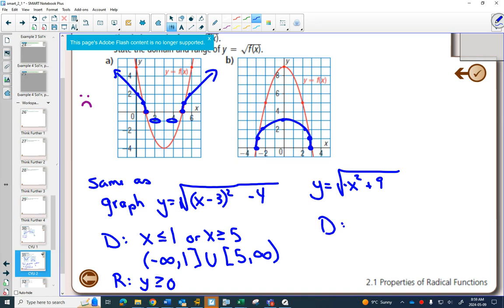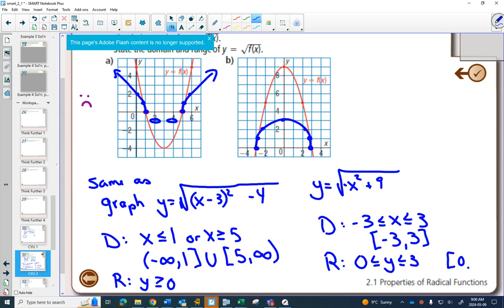In the second one, now our domain is between -3 and 3. You could write it like that, or like that, in set notation or interval notation. And your range, your y values, are between 0 and 3.